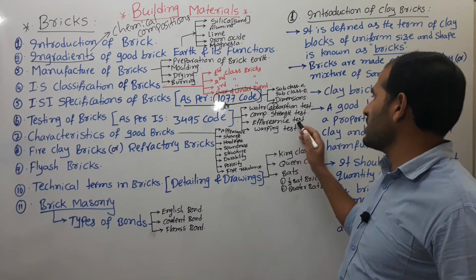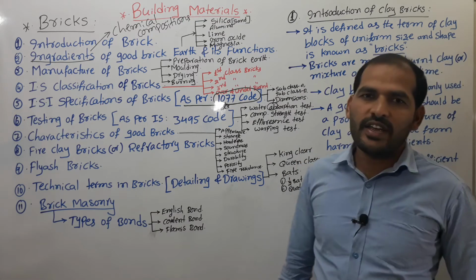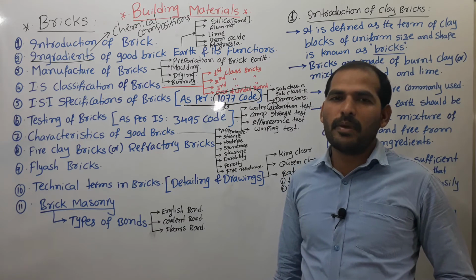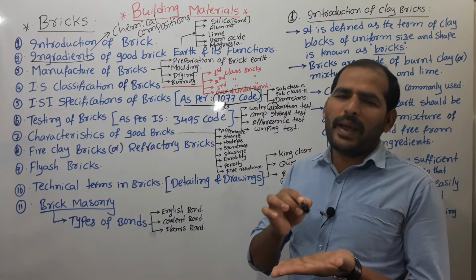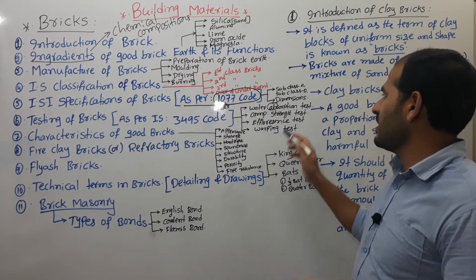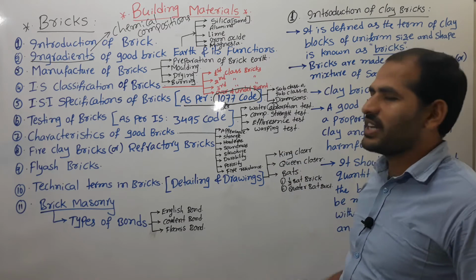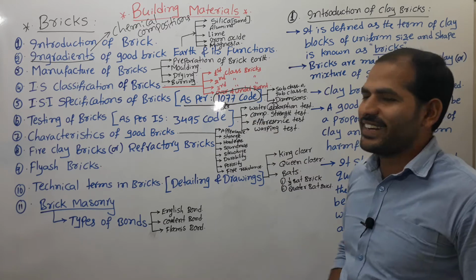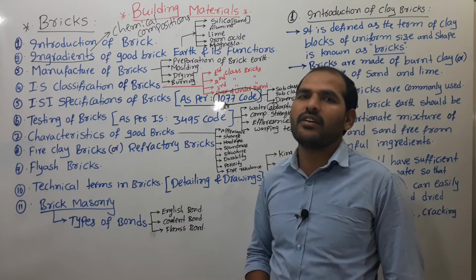This efflorescence is also very, very important from our examination point of view. Efflorescence of a brick means the white patches that develop on the surface of the brick. Next one is warping of the bricks, right? So these are the 4 different tests conducted on the brick.